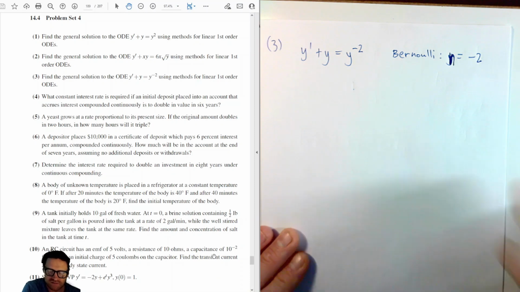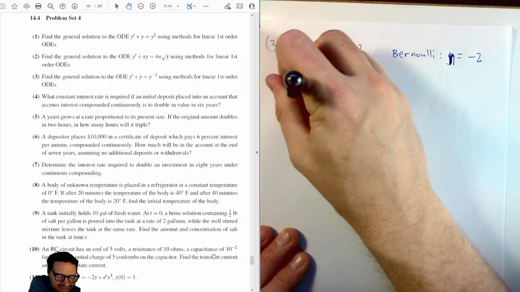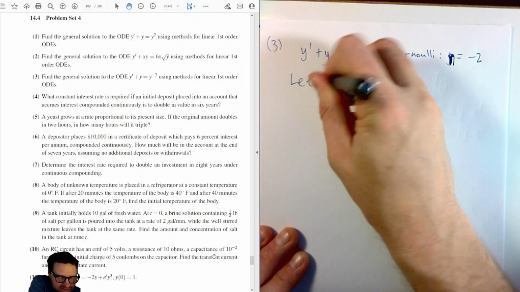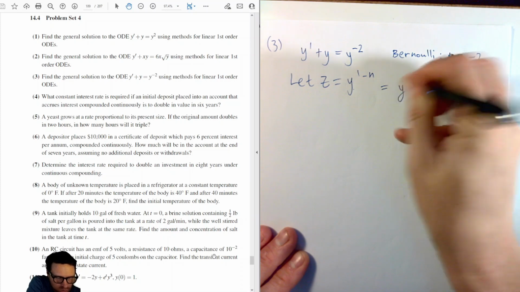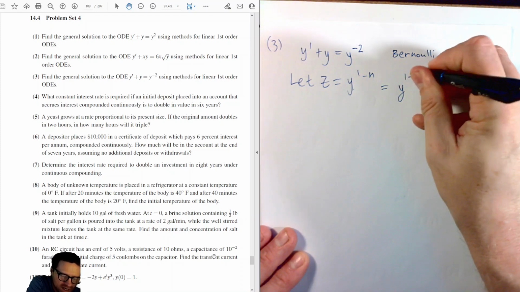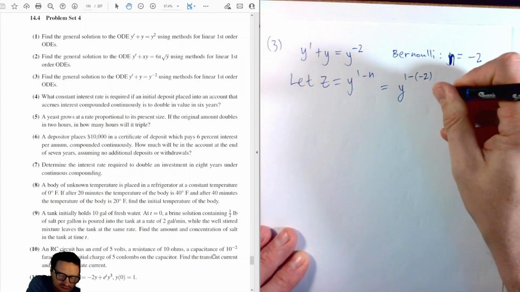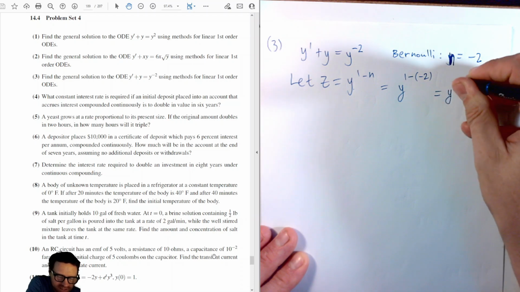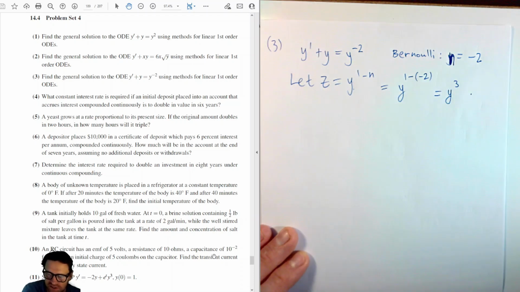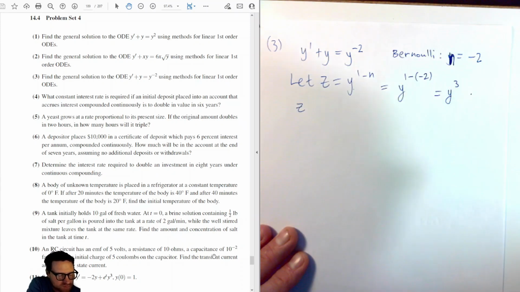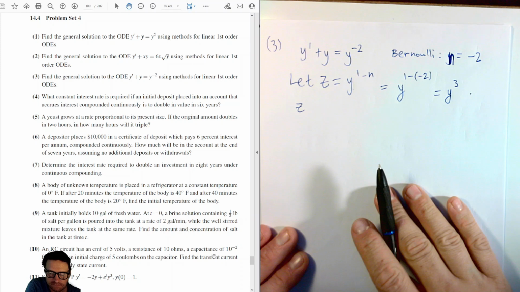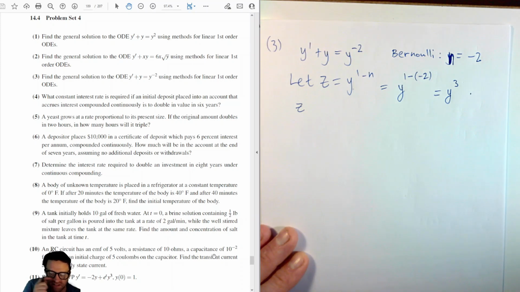All right, so given that, what we do here is let z be equal to y to the power of 1 minus n, which is y to the power of 1 minus 2, and that's y to the power of 3. So z is y cubed. Okay, so differentiating this with respect to, I suppose we could say that this is a function of x.